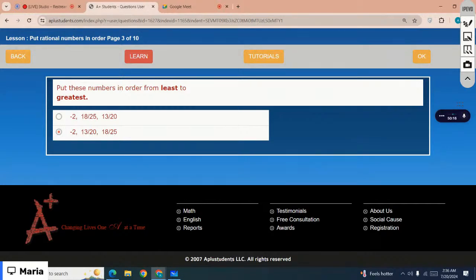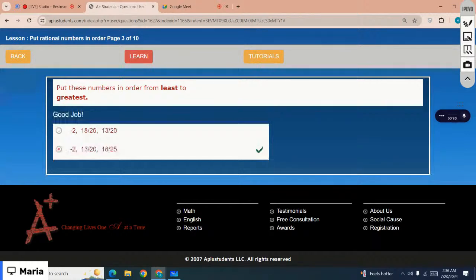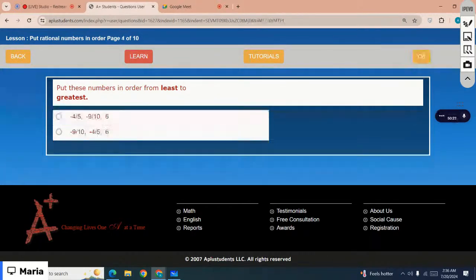Option number 2 is the correct option. Put these numbers in order from least to greatest, so which is the correct option?